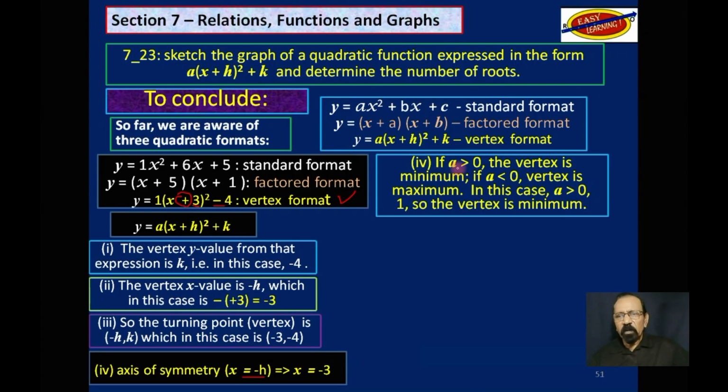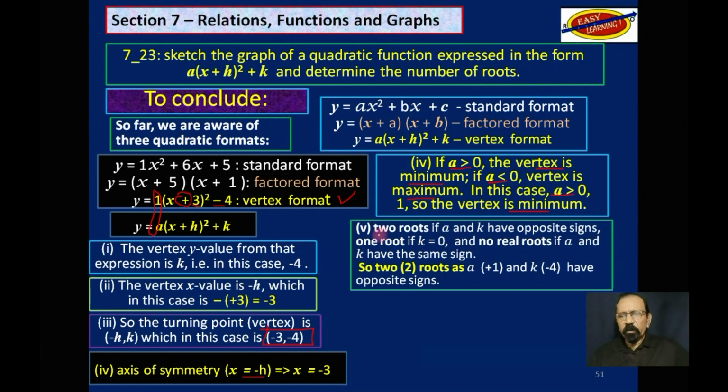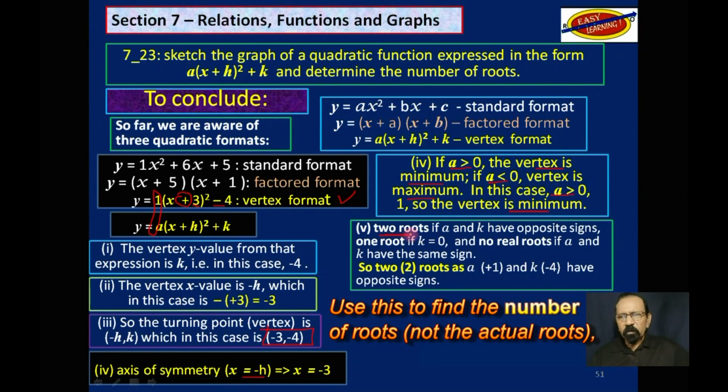We also know that if a is greater than 0, the vertex is minimum, and if a is less than 0, the vertex is maximum. So in this particular case that we are looking at here, a is 1, so the vertex is minimum. That's the lowest point that the graph will go to. We know we can find the roots of this vertex format by just looking at it.